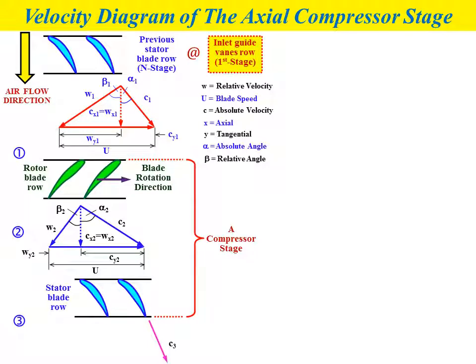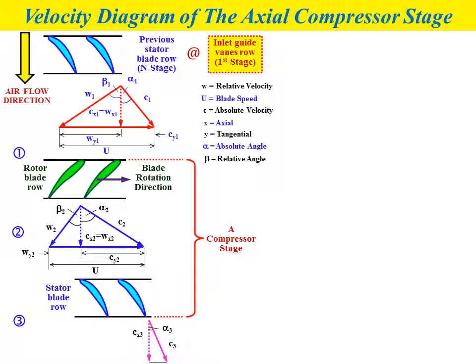At the outlet of the stator blade rows, if we consider a single stage of the compressor, we have only one vector, which is vector C3. We have the axial component Cx3 and also Cy3, and the angle of the absolute flow for C3 is alpha 3.